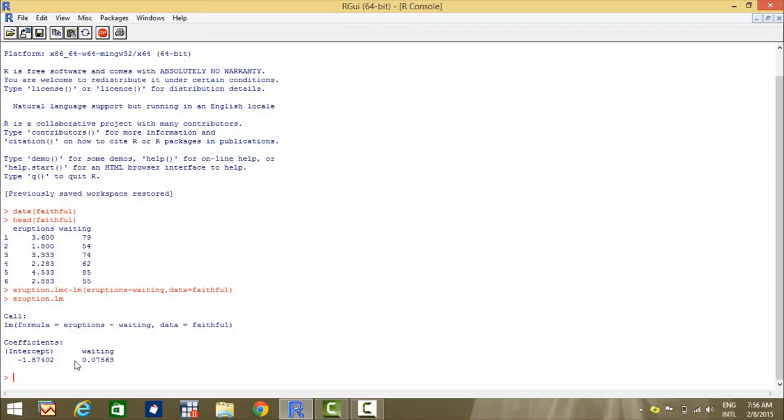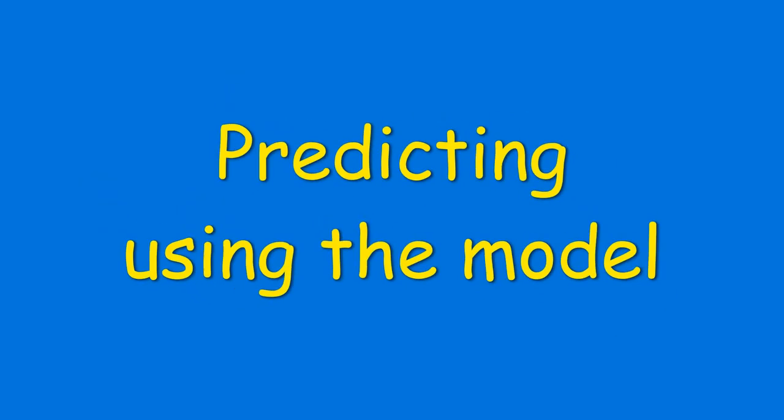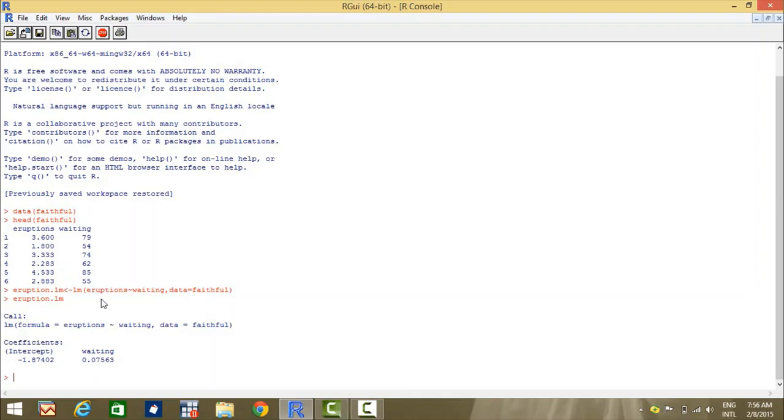Suppose now, after having fitted the simple linear regression, we want to find out the value of the dependent variable given the value of the independent variable. Say I have the value of the variable waiting equal to 80 and I want to find out the corresponding value of the variable eruptions from that equation. So how can this be done?